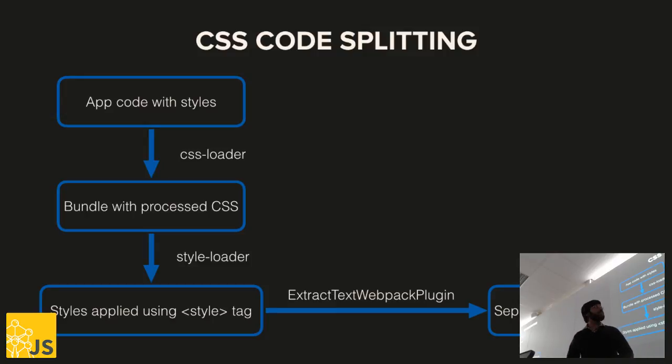It won't understand ES6, it won't understand CSS, it won't understand Sass or anything else. So for all of these file extensions, you need appropriate loaders. There's a loader for CSS, a loader for Sass, Babel for ES6, and all that stuff. So there's our app code with the styles. How does that look? I'll show you.